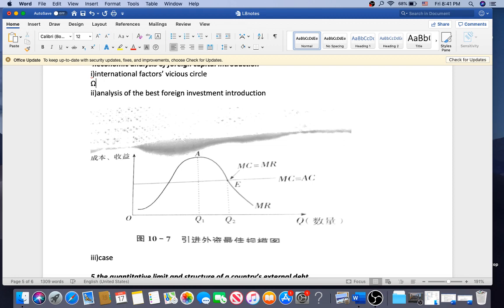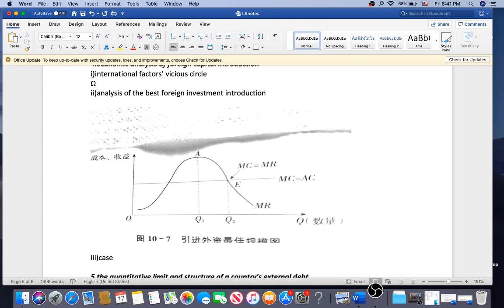All domestic resources are combined with the imported external resources. The resources are already abundant and cannot be used in their own production without the introduction of capital.